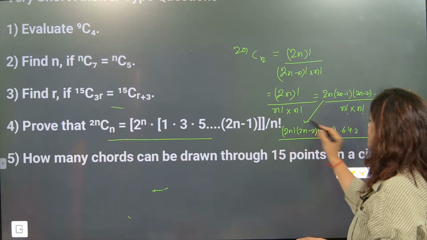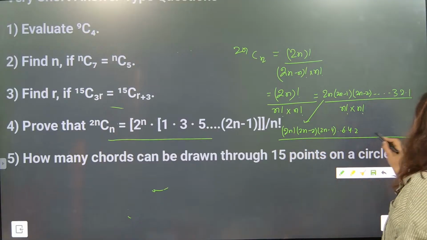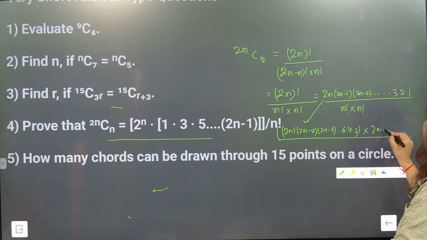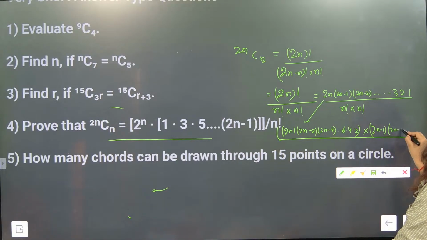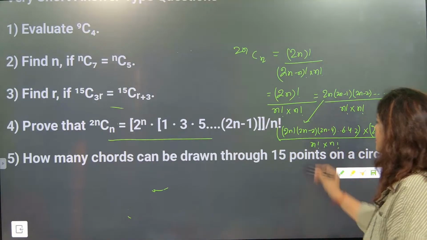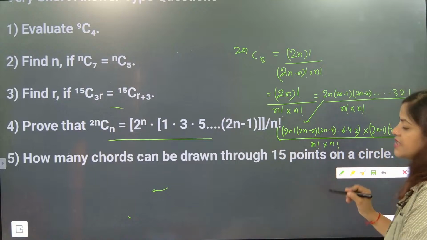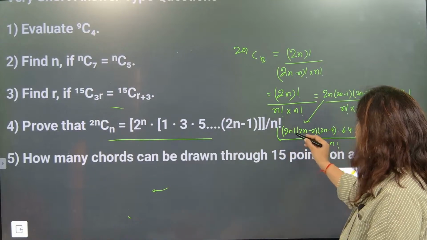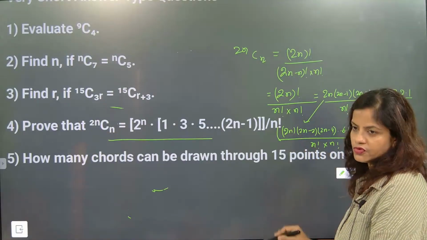Then here the odd part we are taking separately: 2n minus 1, 2n minus 3 till 3, 1, by n factorial into n factorial. Got it? Now every one of the n terms is having a 2. So how many 2's will come out? n number of 2's will come out.